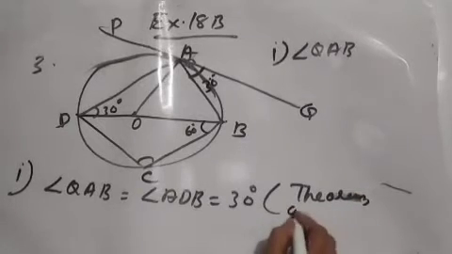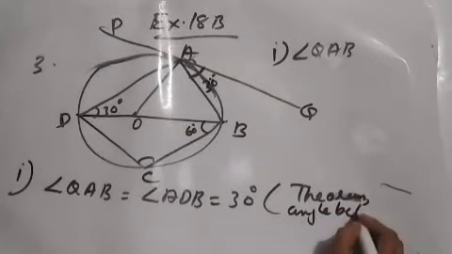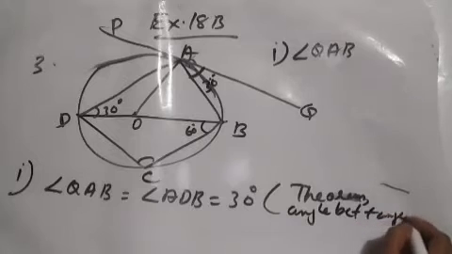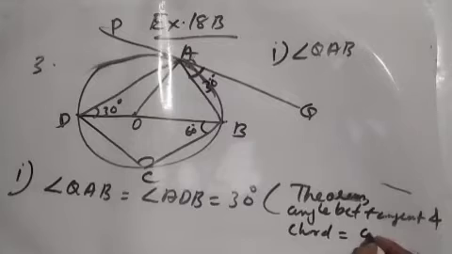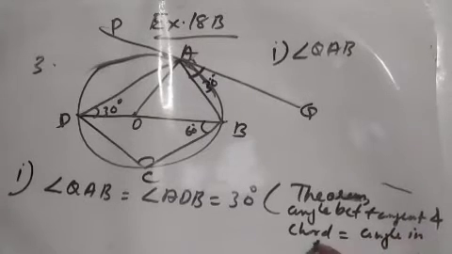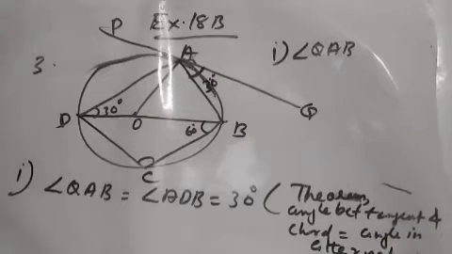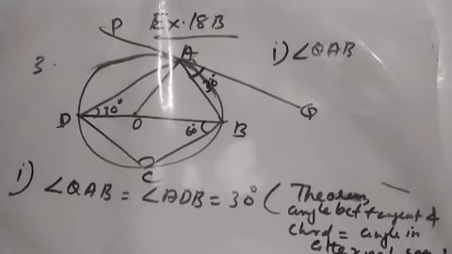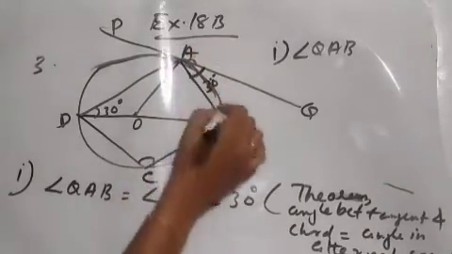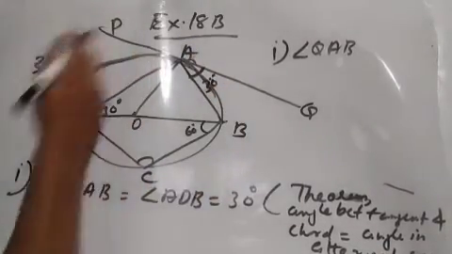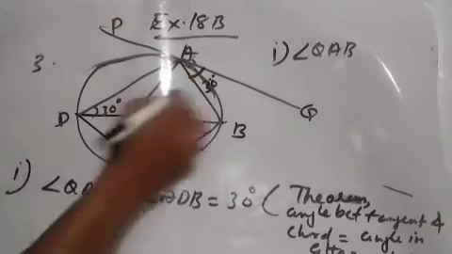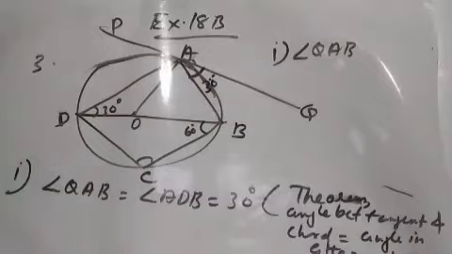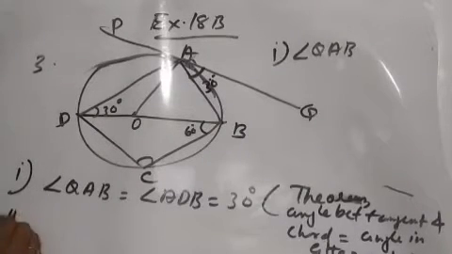Yes, angle between tangent and chord is equal to angle in alternate segment. Here it is the small segment and this is the larger segment. Angle in it is 30 degree. So the angle between this tangent and chord is also 30 degree. First one. Second is angle PAD.